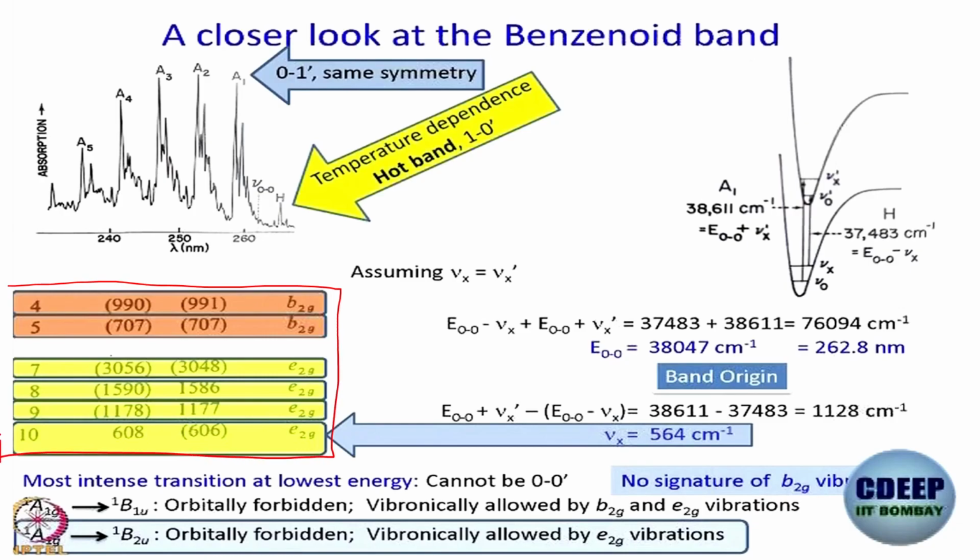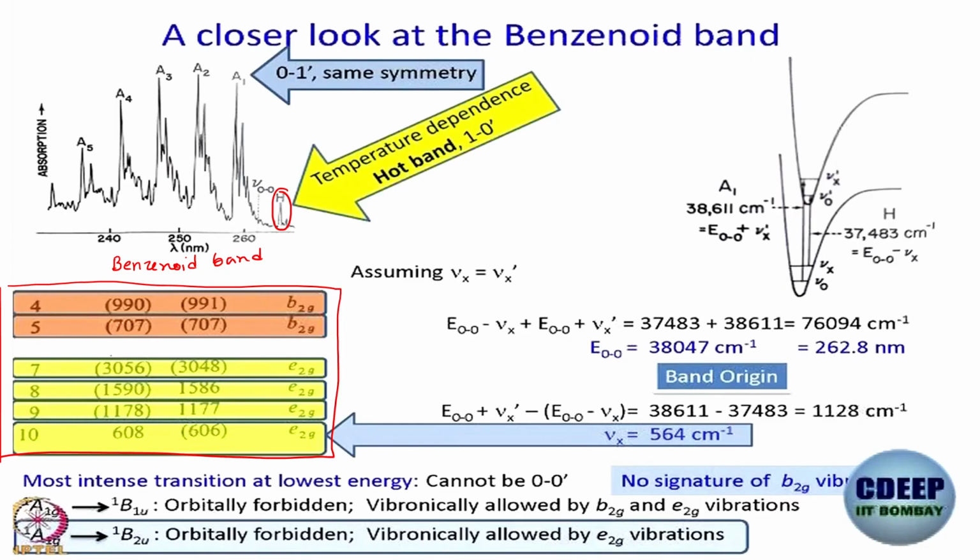Okay, and we are zooming into the benzenoid band. I am taking these slides from Professor Anind's lecture. As you can see, this band is the hot band. That's why it is written as H. What are hot bands?